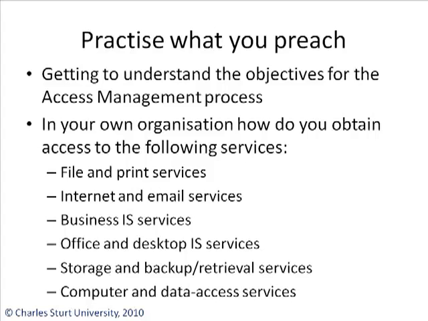What about office and desktop information system services? What about storage and backup or retrieval services? And last but not least, computer and data access services. So how do you deal with these various types of access, and who deals with them? Who actually grants you or provides you with access to all these services? Have fun with the exercise.